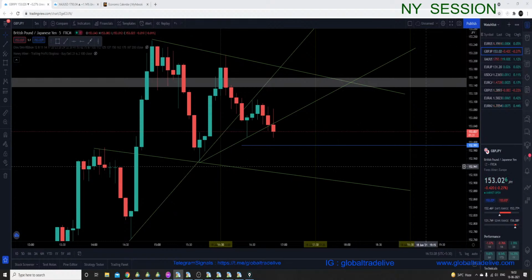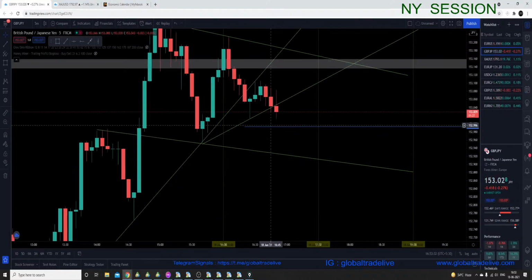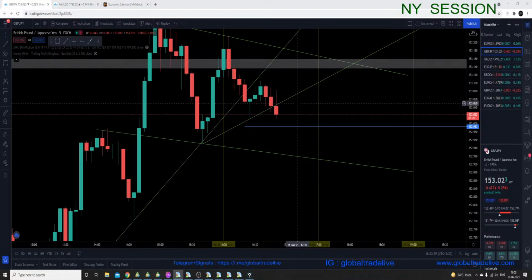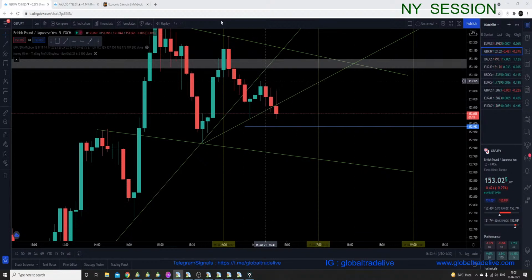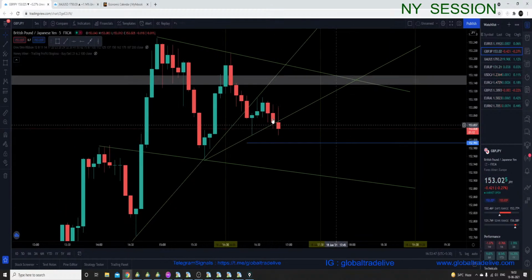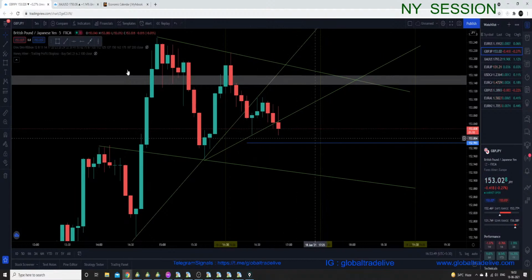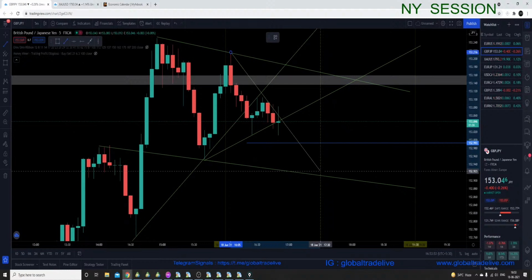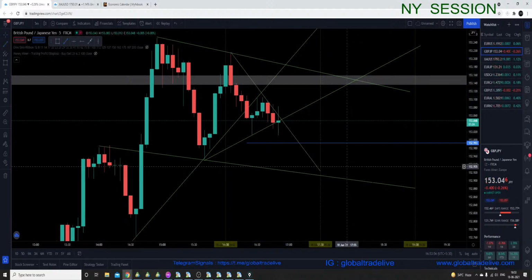Alright, so 1 minute left here. So let's just wait here. It created another resistance. This is resistance, this is resistance, coming down from the resistance and about to break the low. So it has to go down. We got this information here also.